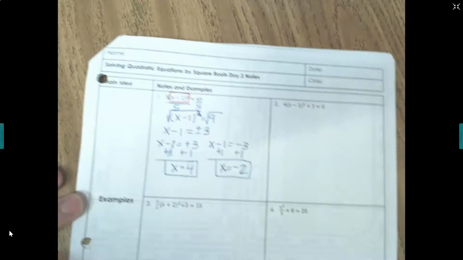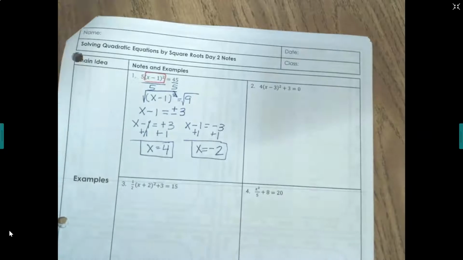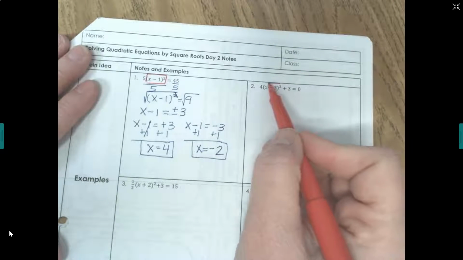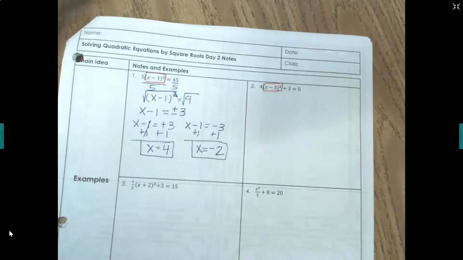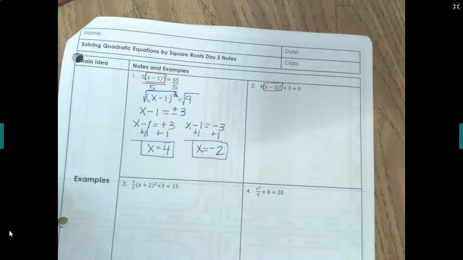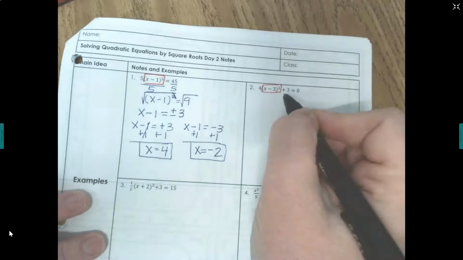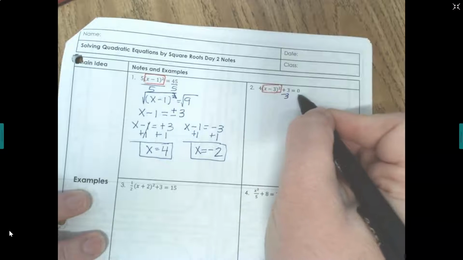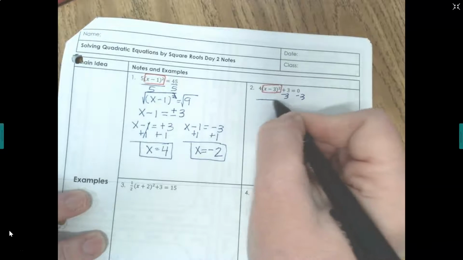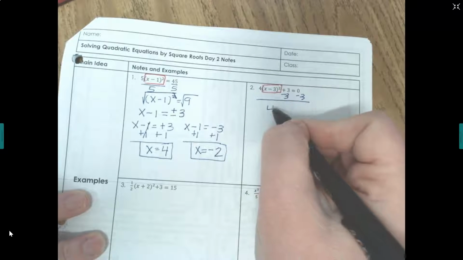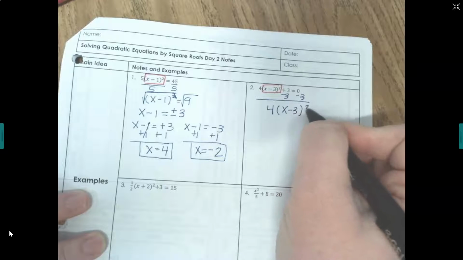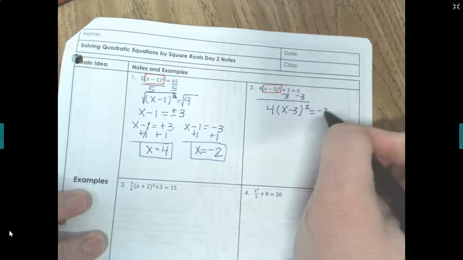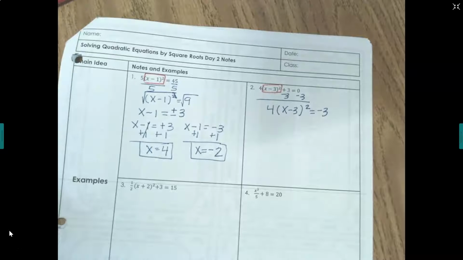Let's try it again. This one's a little more complicated. What we're trying to get alone is this parenthesis term, because that's what's being squared. Everything else has to be moved away in order for us to do this. So first thing we're going to do is subtract 3 from both sides. Then I'm left with 4 times x minus 3 squared equals negative 3.